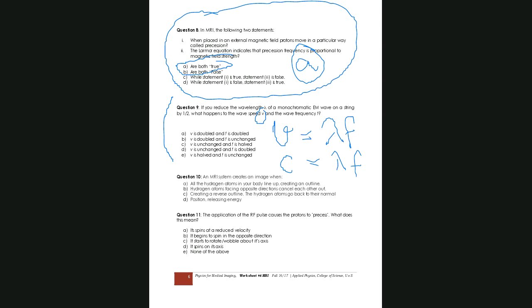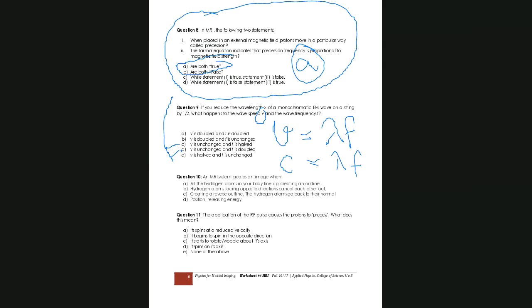Now the speed: I have to limit my answer to C and D, because for an electromagnetic wave the speed stays unchanged. So it's either C or D. The others, A, B, and E, are not going to be true, because this is an electromagnetic wave and the speed does not change. Now let's look at the frequency.